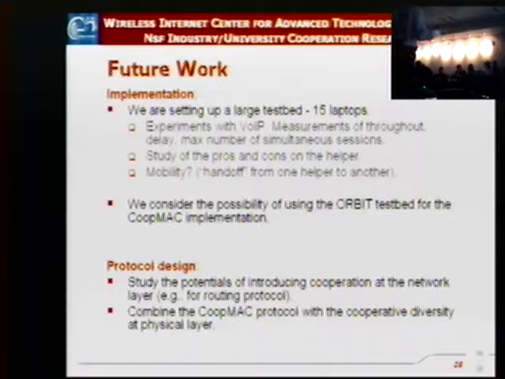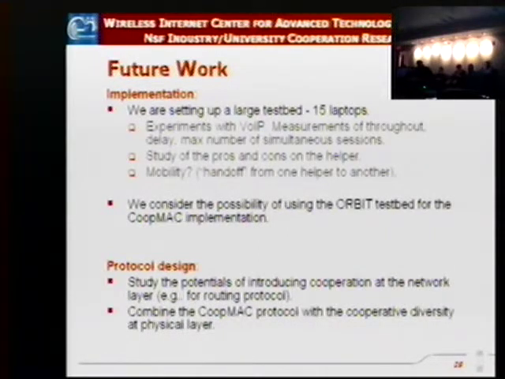On the other side, in parallel, we study the potential of introducing cooperation at the higher layer. So to have a 2-layer routing, we can say a fast routing in the MAC layer, which can give you a one-hop route based on the conditions of the medium, and then in the higher layer, in the routing layer, another routing protocol that collaborates with the MAC layer protocol, and find in this way the ideal route.